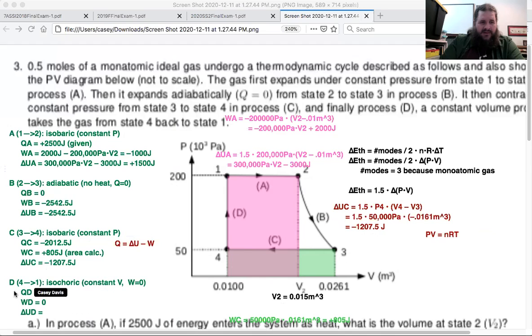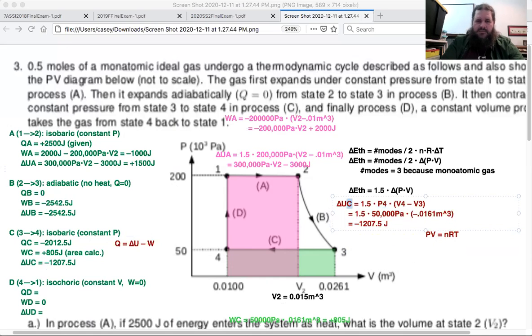Looks like all that's left is process D from 4 to 1. And we can use the same approach, calculating delta PV times 1.5. So for D, we got 1.5 times final minus initial, P1 V1 minus P4 V4. In process D though, what's not changing? Volume. Yeah, so we can factor out volume. It's just volume times P1 minus P4.